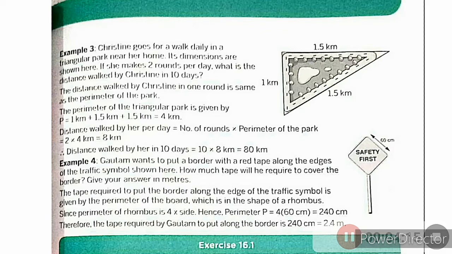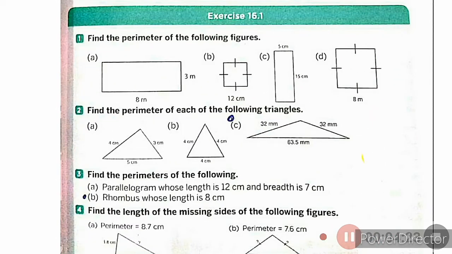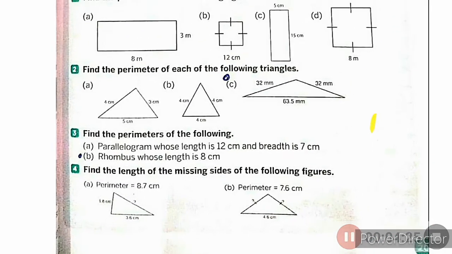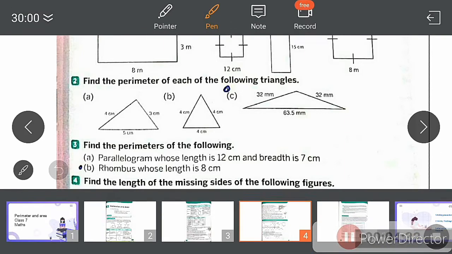The first question of the exercise is, find the perimeter of the following figures. To find the perimeter, as I have told you, you have to just fit the formula. So let me go to the whiteboard.